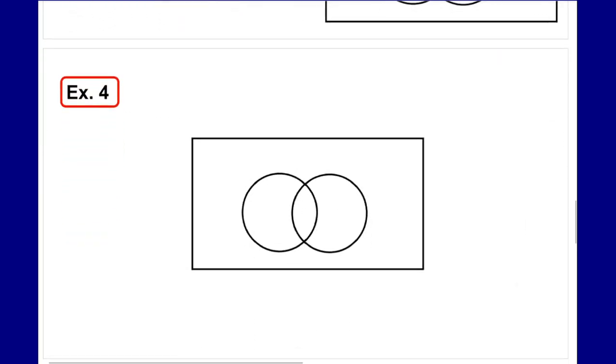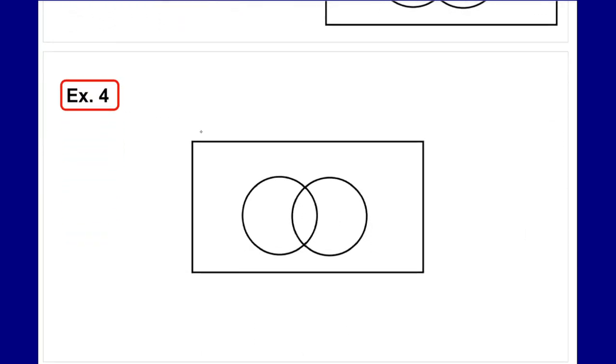So let's look at our diagram. We know that there are 100 students. From that scenario, we know that there's 100. We know that there are none that went to neither. So everyone either went to the first dance or the second dance, or both. No one went to neither. So we need to figure out how many students went to the second dance, and only the second dance.